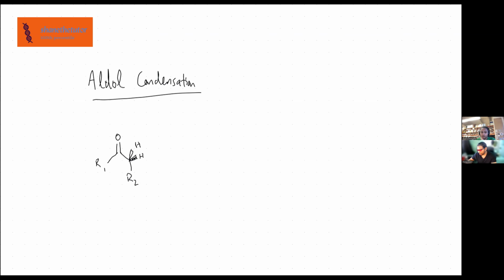So these are called alpha hydrogens. An alpha hydrogen is a hydrogen that's attached to a carbon, which is attached to a carbonyl. You can imagine it's essentially the inductive effect of the oxygen electron-withdrawing group.